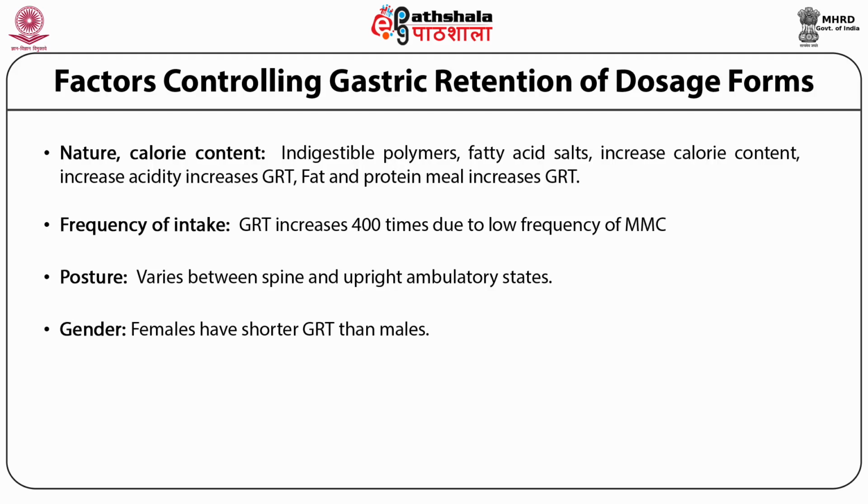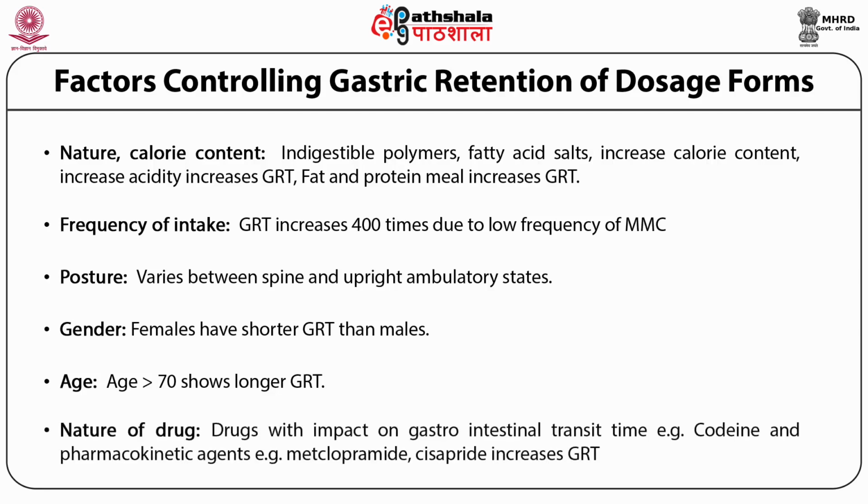The next factor is that of a particular age. Age beyond 70 years shows longer gastroretention time and hence may be exploited for delivering drugs which need to remain in the window of absorption for a prolonged duration of time.